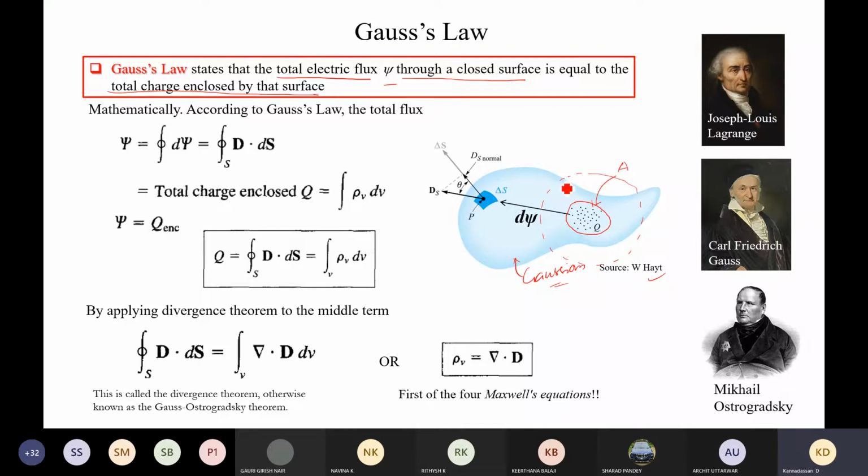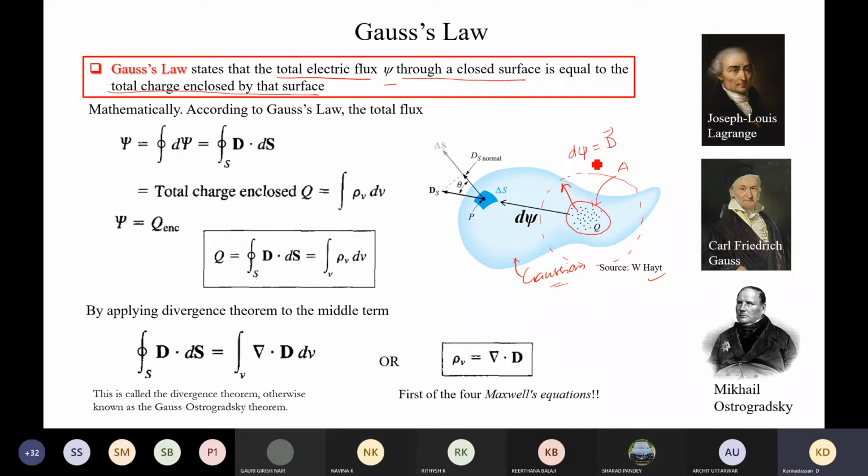So we are going to draw a Gaussian surface, which is a closed surface, drawn in such a way that it encloses the charged body or the distributed charges, uniformly or non-uniformly, whatever it may be. And it is going to have a total charge of Q. For the field exerted out of that, we are going to calculate d psi.